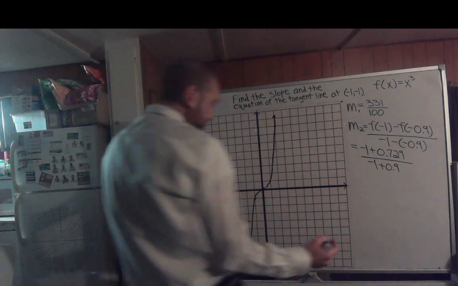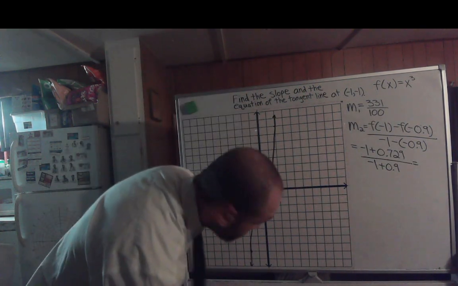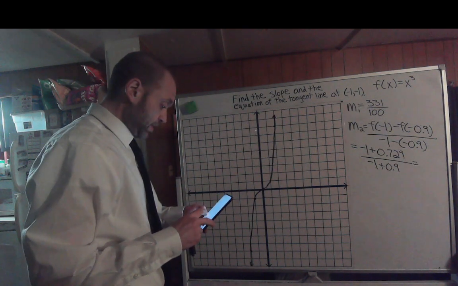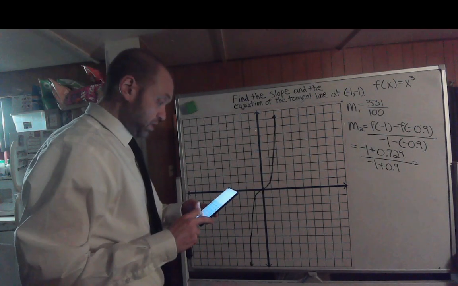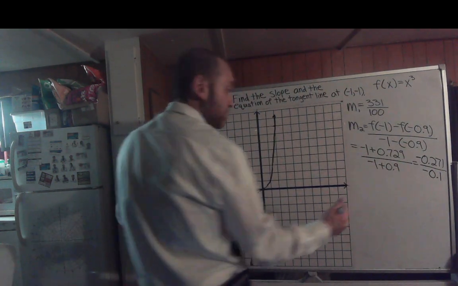Well, this is then going to simplify. Negative 1 plus 0.729, that's negative 0.271, divided by negative 0.1. Well, now your negatives are going to cancel out.